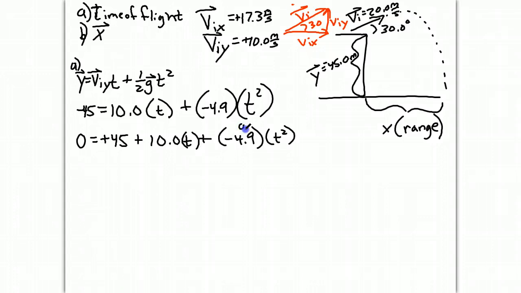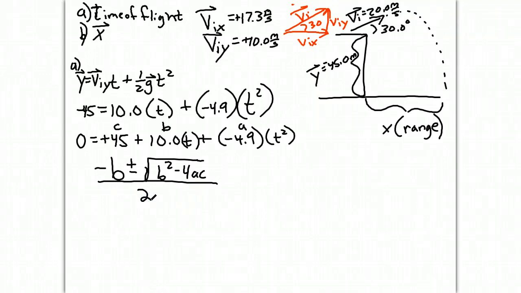So my negative 4.9 would be my A, my 10 would be my B, and my positive 45 would be my C. I'm not going to work through the quadratic, but remember it is negative B plus or minus the square root of B squared minus 4AC, all divided by 2A.